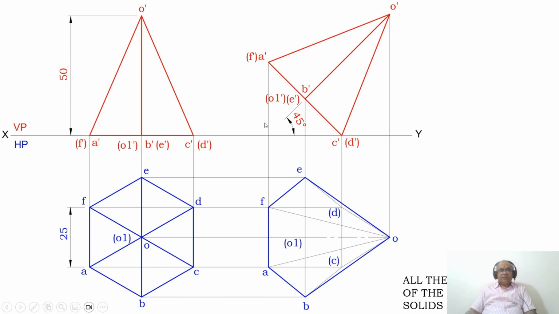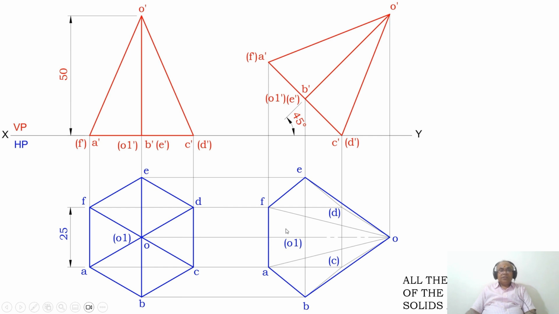Draw a vertical projector from A dash and F dash, a vertical projector from C dash and D dash, and a vertical projector from O dash to the top view. Then as we have projected A dash, F dash and also C dash, D dash, draw a horizontal projector from F and D, extending it to the second position top view. Similarly from AC, you draw a horizontal projector till you get to this point.